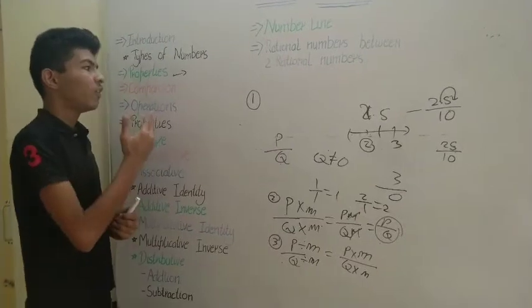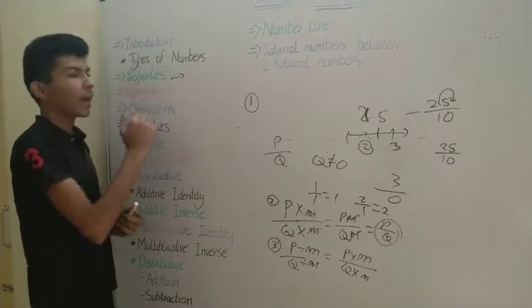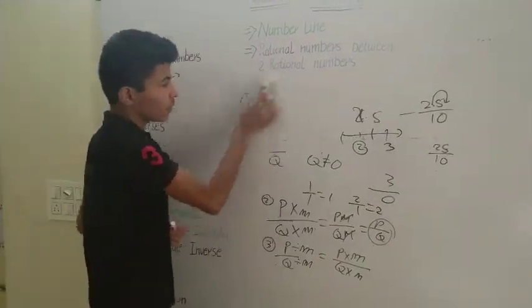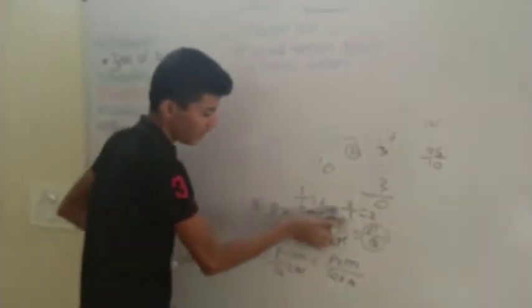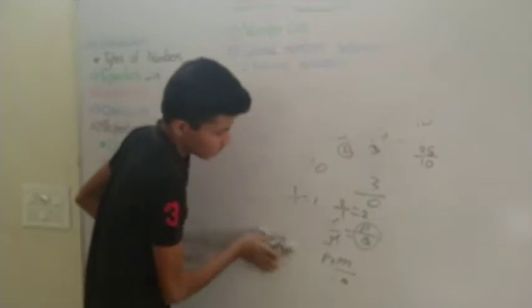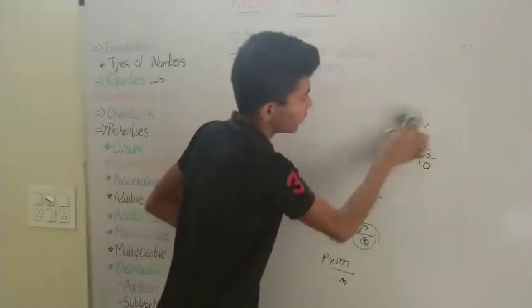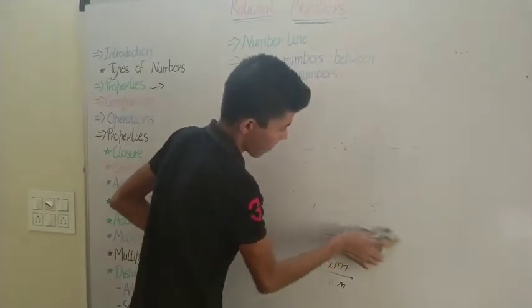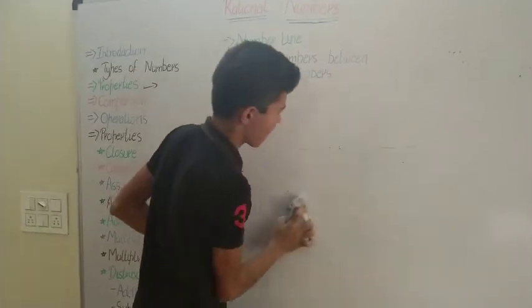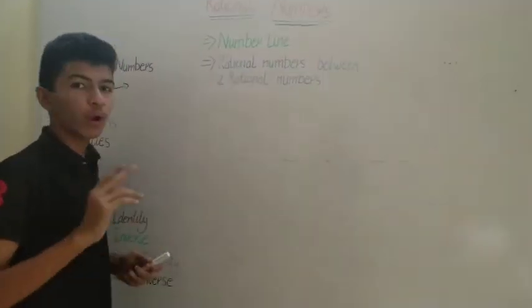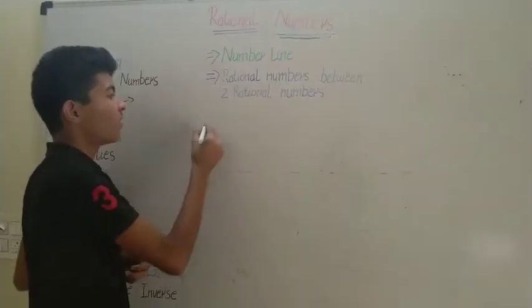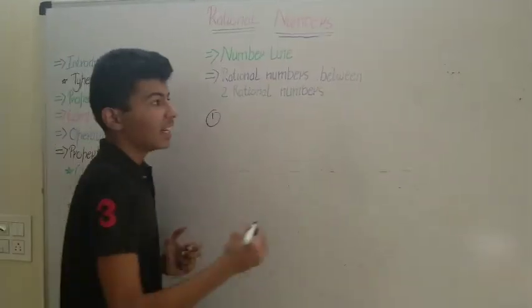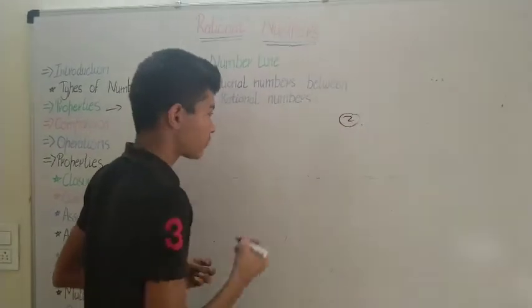Now we will move on to comparison. So what is comparison? Comparison is between two numbers, which is bigger and which is smaller. We are going to solve this in two approaches: the first is the standard approach and the second is a shortcut approach.